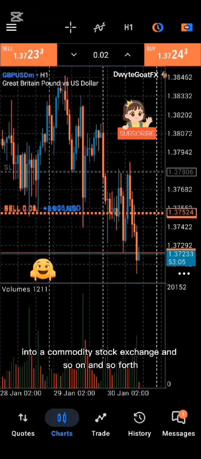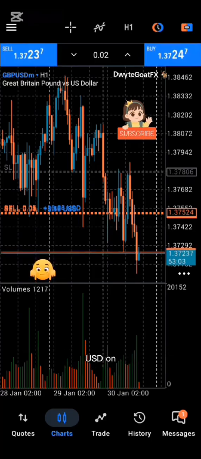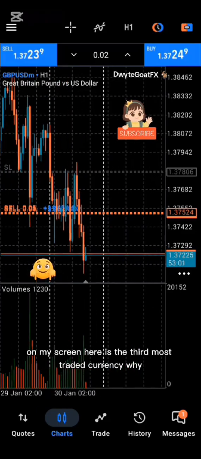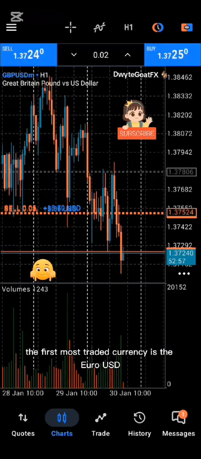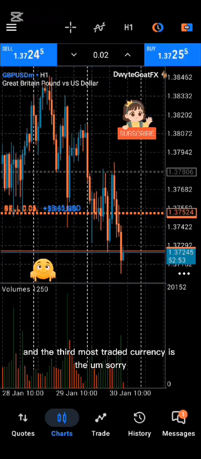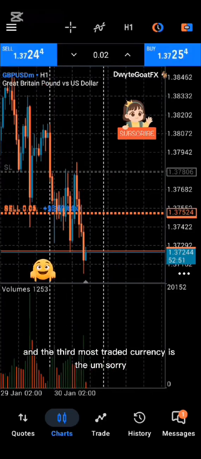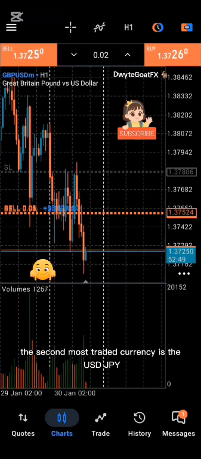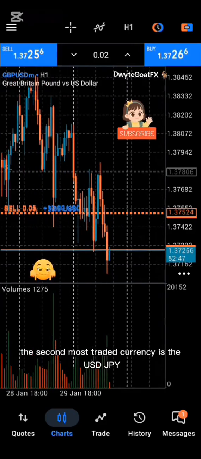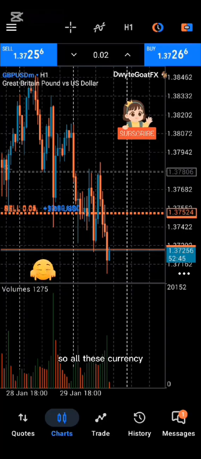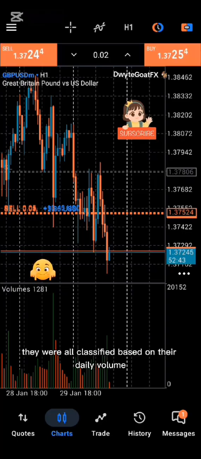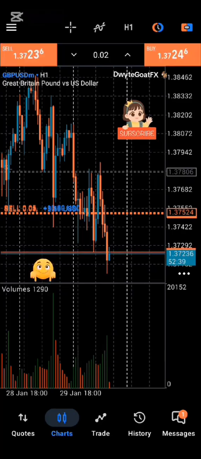GBPUSD on my screen here is the third most traded currency, while the first most traded is EURUSD, and the second most traded is USDJPY. So all these currencies are classified based on their daily volume. Do you get what I'm trying to tell you?